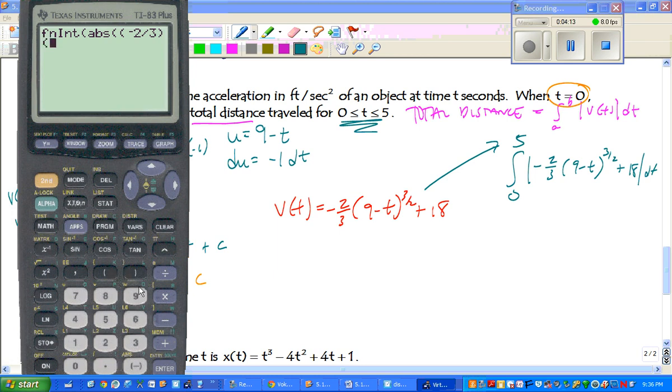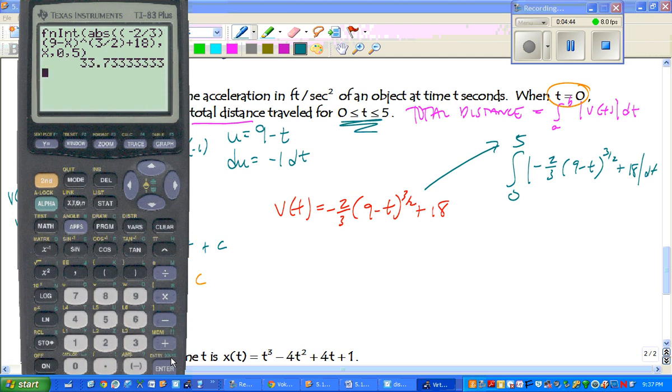Then times 9 minus x to the 3/2. I need to put that 3/2 in parentheses. Plus 18. So now I have to close the parentheses for the absolute value. Remember, all of that stuff's in the absolute value. So a lot of times with absolute value, people forget that and they get an error. Comma x, comma 0, comma 5.